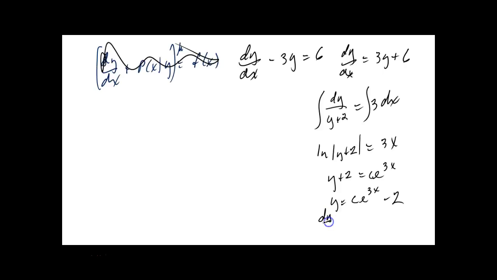So your dy/dx is equal to 3ce to the 3x, right? Yeah, okay. So then this would be 3ce to the 3x minus 3 times ce to the 3x minus 2 equals 6.